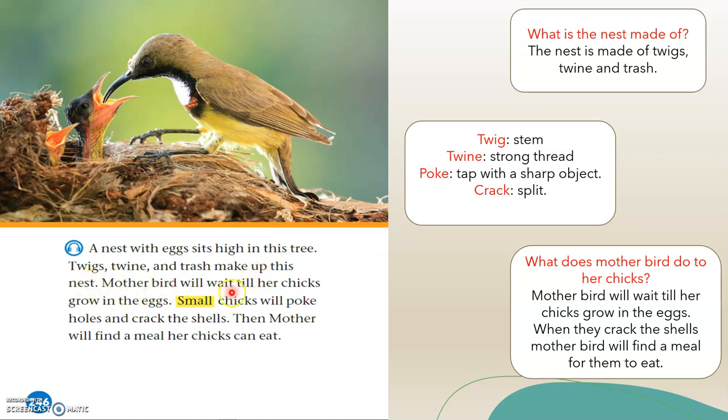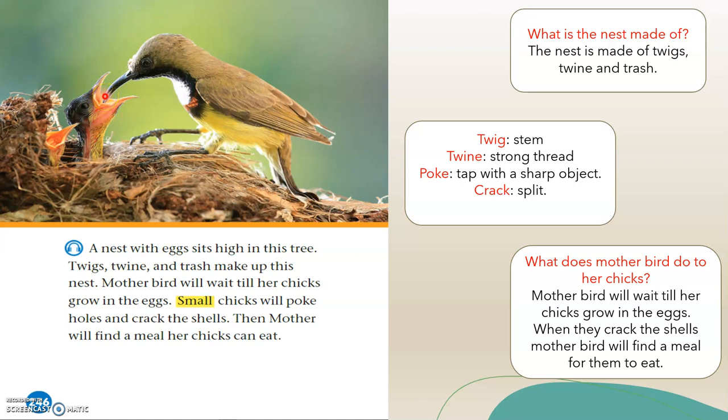Mother bird will wait till her chicks grow in the eggs. So mother bird will prepare the nest for her chicks. She will wait until her chicks grow in the eggs. What will happen next? Small chicks will poke holes and crack the shells. So these small chicks will poke, they will tap with their sharp beaks.